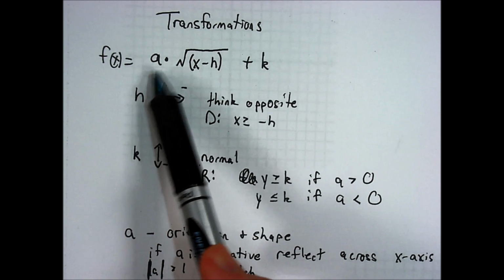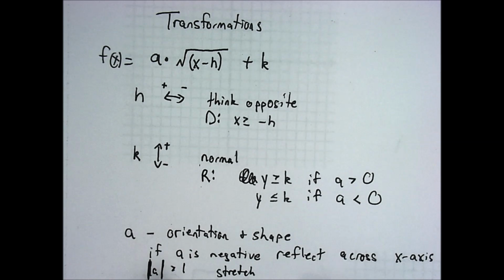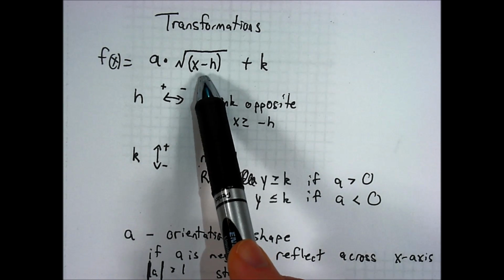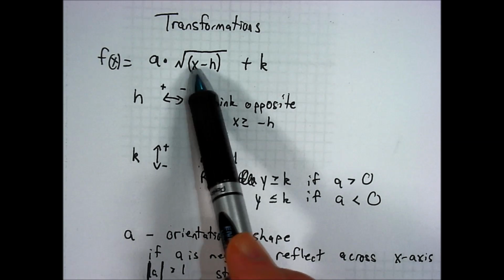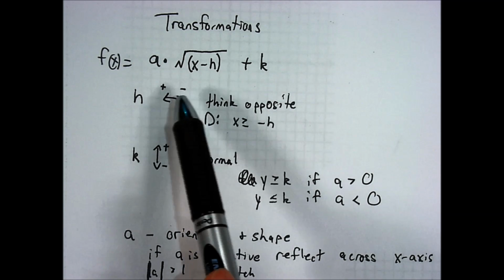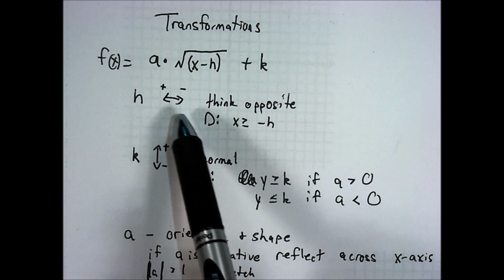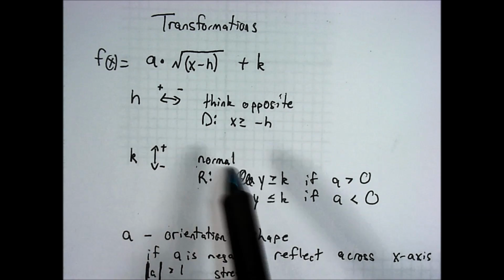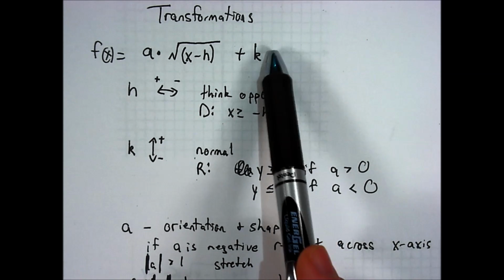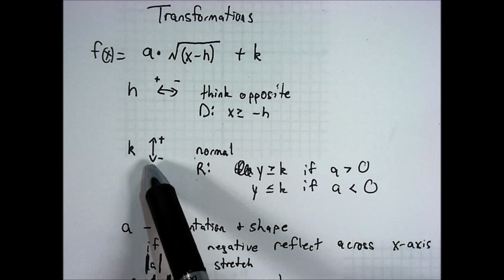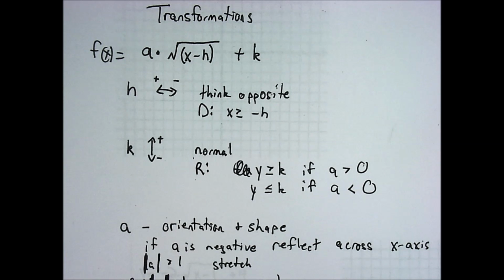Our a multiplier on the outside is going to be the stretch, shrink, and reflect. Our h on the inside is going to be our left and right. It's opposite of what you would think. If it's a minus, it's going to move it to the right. If it's a plus, it's going to go to the left. And our k on the outside adjusts our graph up and down, slides it up and down.